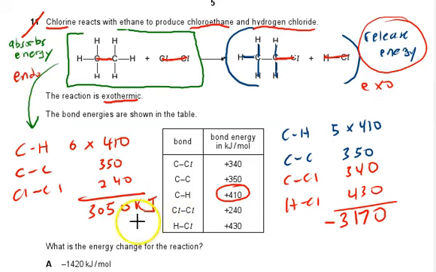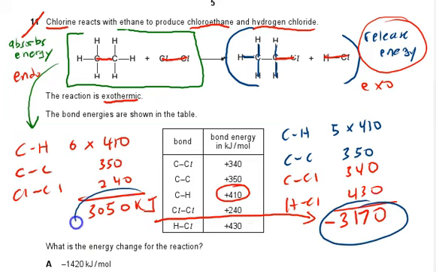So when we total up both of these values, we will be getting negative, a total of negative 120 kilojoules. So which is correct, is exothermic.